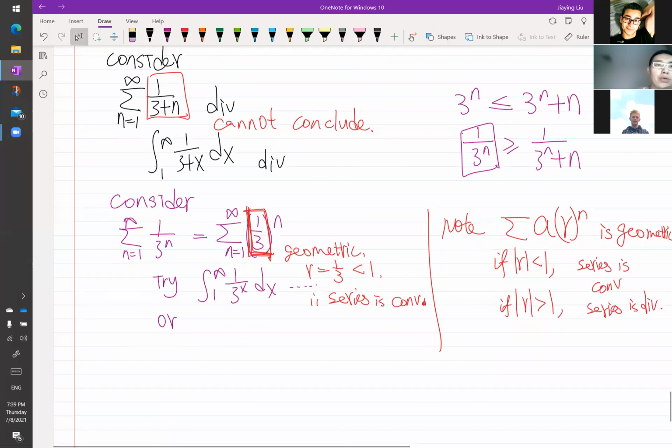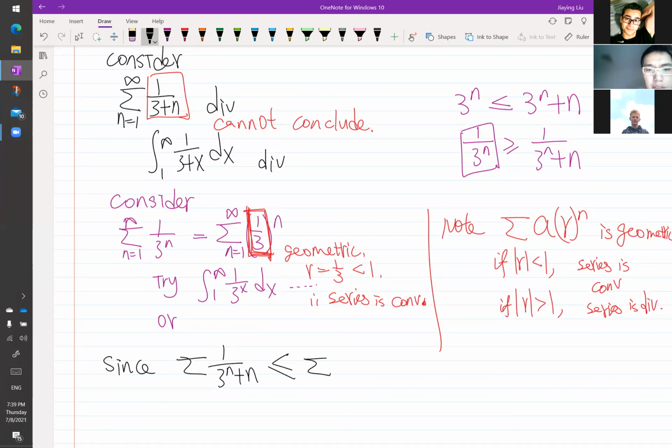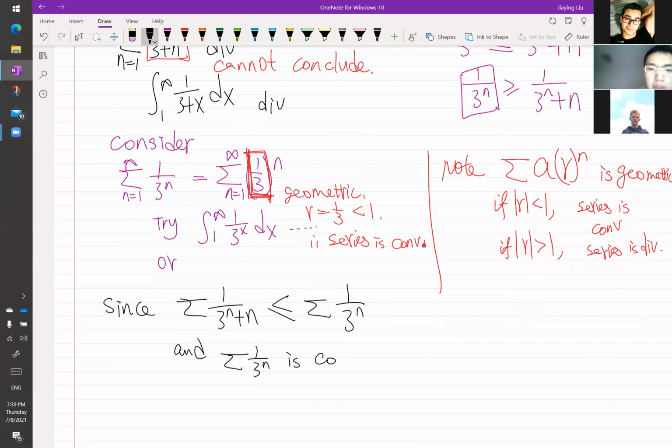Let me write it down in words. Since the series 1/3 to the n plus n is less than or equal to the series 1/3 to the n, and the series 1/3 to the n is convergent, therefore the series that I'm looking for, 1/3 to the n plus n, is also convergent.